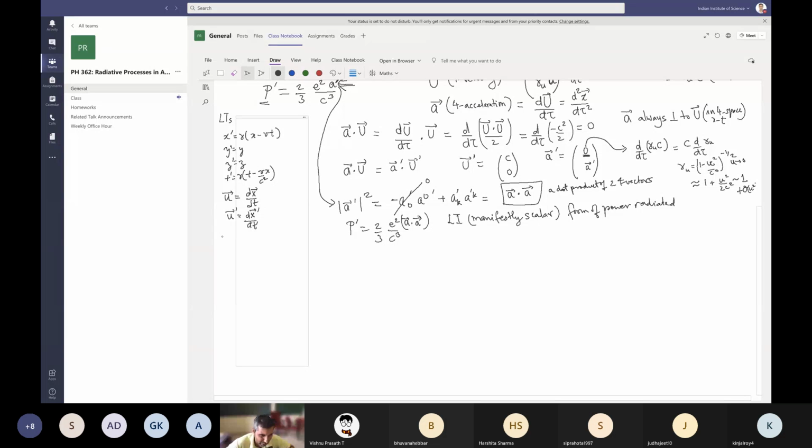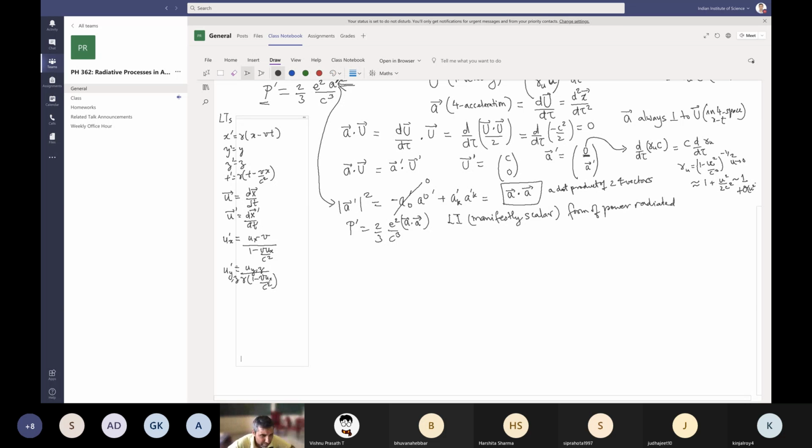We obtained these velocity formulae, if you recall, that ux prime equals ux minus v, taking a boost in the x direction, divided by 1 minus v ux by c squared, and uy prime equals uy by gamma times 1 minus v ux by c squared, and the same expression was obtained for z. It's just like taking the ratios and using these definitions.